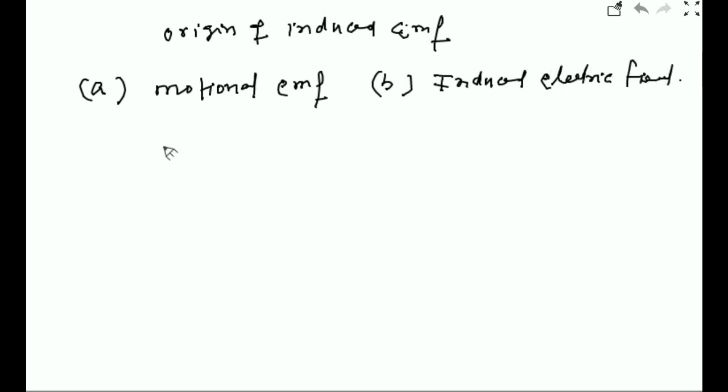Okay, so first I am going to discuss the motional EMF. You can see the given magnetic field, and its direction is into the plane.